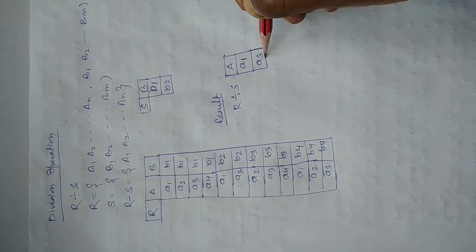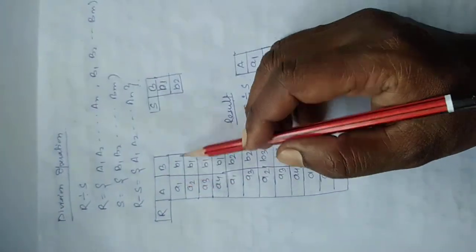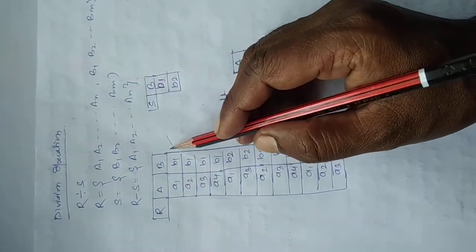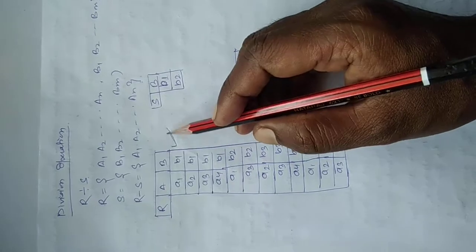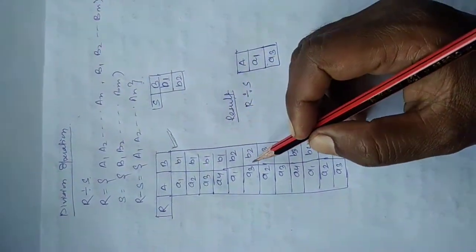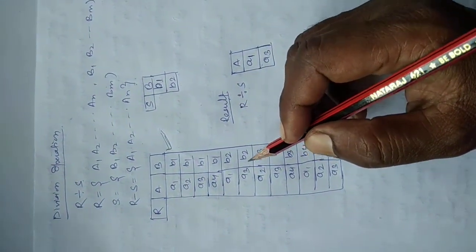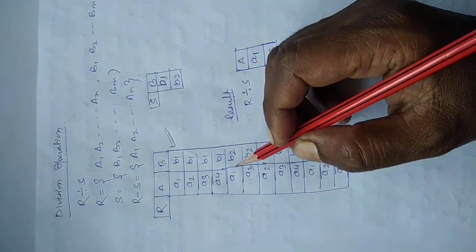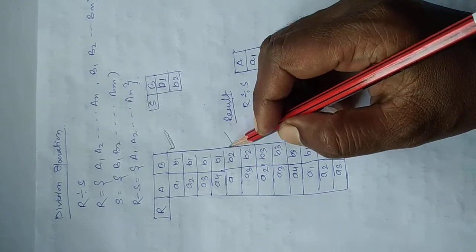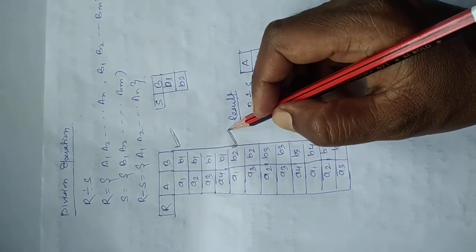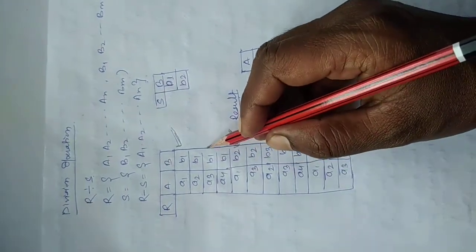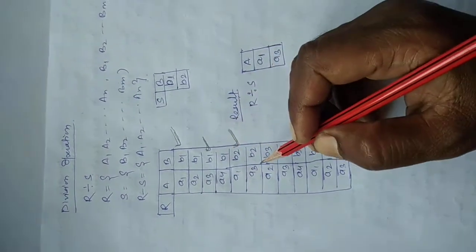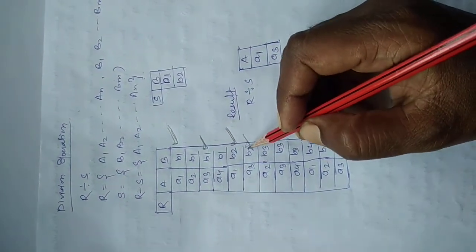How can you find it? You can see that A1 B1 and A1 B2 are both there, and A3 B1 and A3 B2.